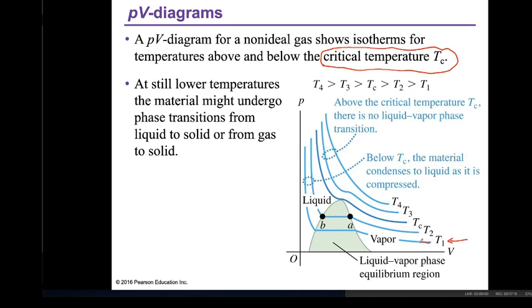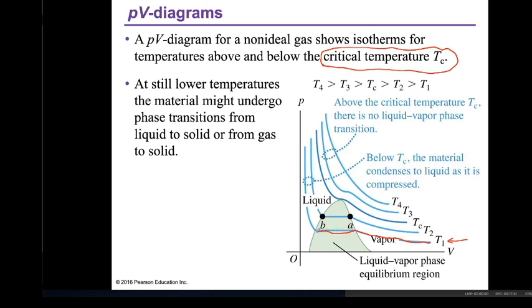So it will go to higher pressure and lower volume. And then when it reaches some pressure or some volume, the gas becomes liquid, and it's getting more and more liquid.